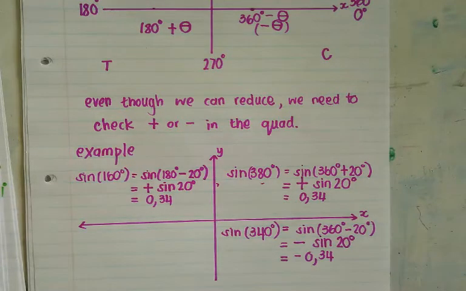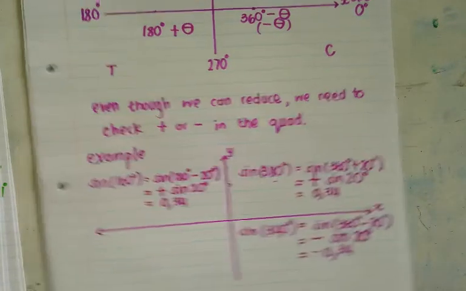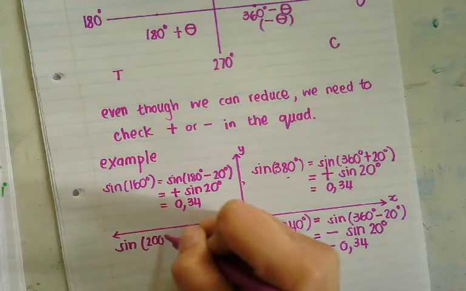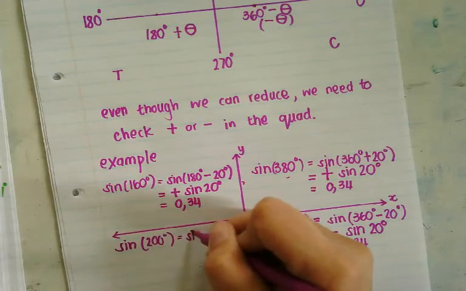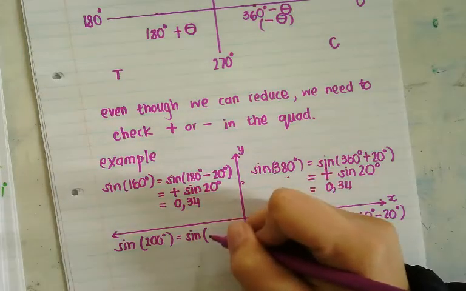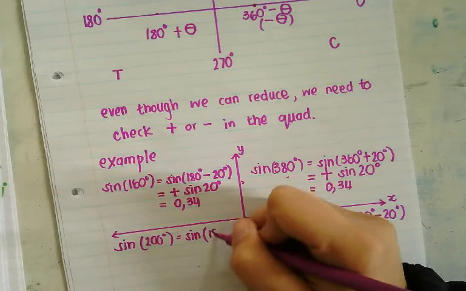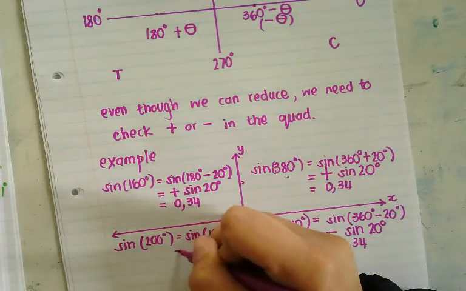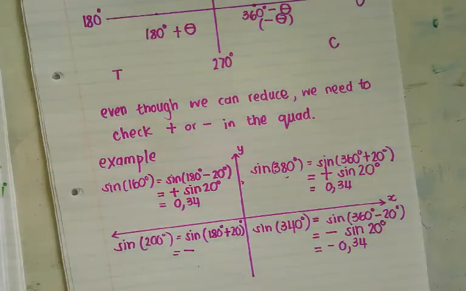So let's do the last one. Sine 200. Which quadrant? Obviously, I haven't asked quadrant 3 yet. What is my reduction? 180 plus 20, or plus theta, yes. Sine is negative in this quadrant.